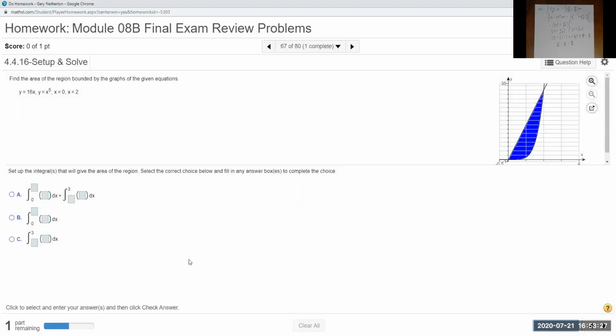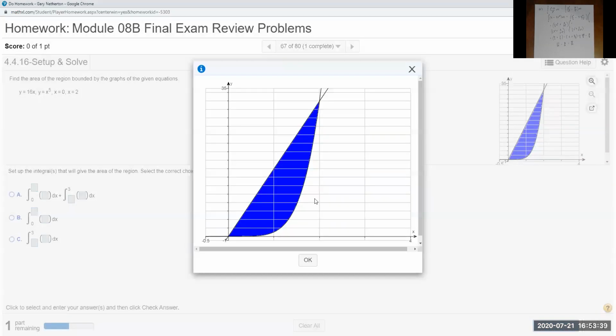So now, here's one like we sort of worked before, although when we had these graphs, you always had the top function and then the bottom. Normally, the bottom of the area was just the x-axis. Here, the bottom is also a function.